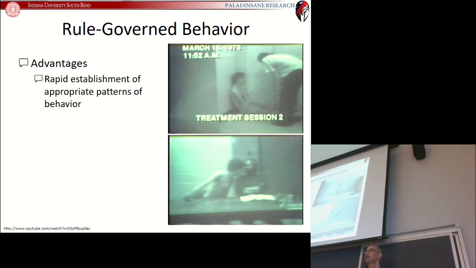So Harry very, very quickly learned that if he self-abused, the restraints were going to leave. You do not need verbal descriptions to establish appropriate patterns of behavior, because once again, we can use operant conditioning to teach animals certain patterns of behavior, but it takes a long time.